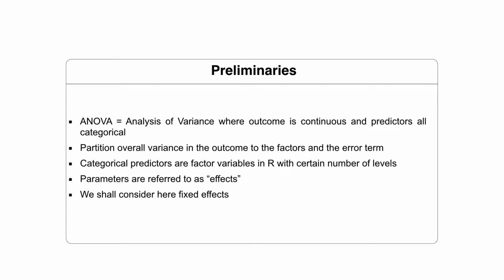Now, when we work with categorical variables in R, they are given a name which is known as a factor level variable.